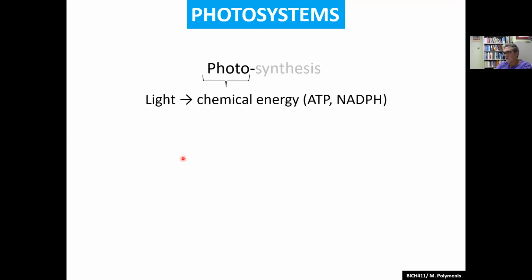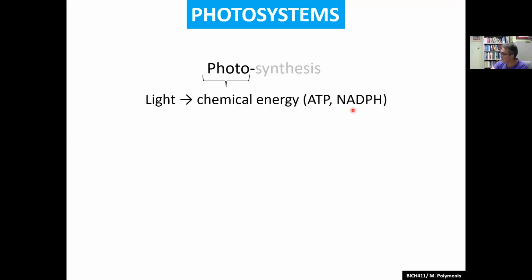So photosynthesis is actually a compound word, and that's a good thing because biologically it's also split into the photo part, the light part, and the synthesis part. In the light part, we literally have the capture of the radiant energy, light, and the cells convert that energy into chemical energy in the form of ATP and NADPH.